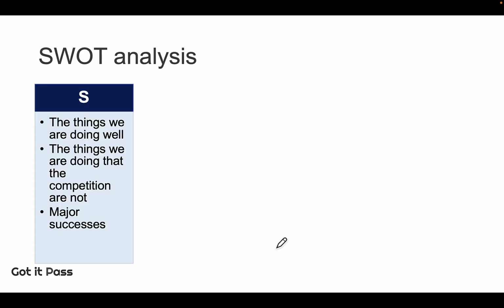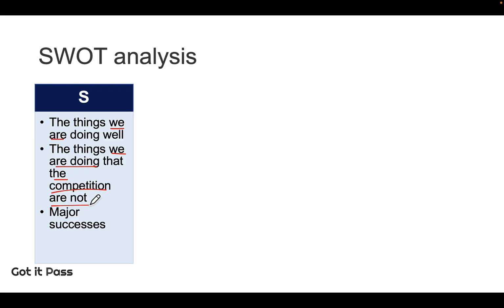So let's move down to have a brief introduction of SWOT analysis by each element. The first, strength, or S. It means the things we are doing well. It's about we, the organization. The things we are doing that the competition are not, so we are superior to the competitor.